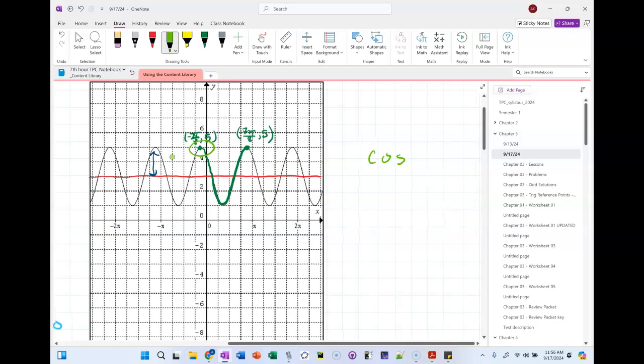So what is the h got to be? Just the x coordinate. And is the A going to be positive or negative? Since that's a max, the A has to be positive.